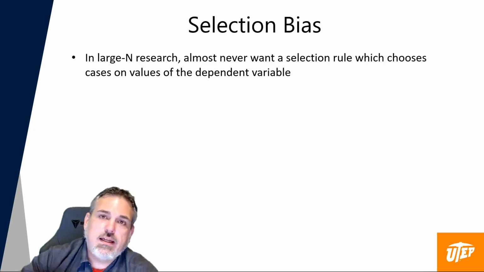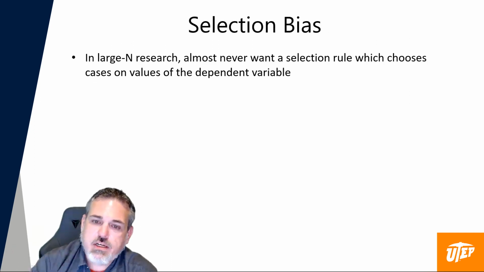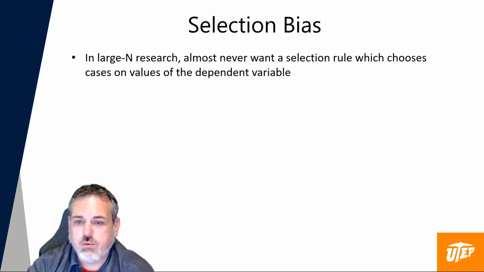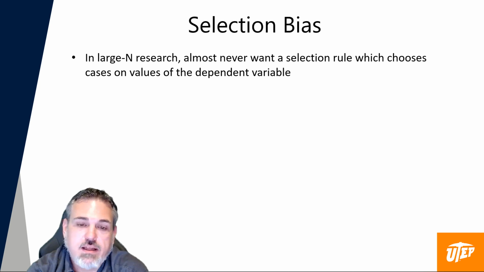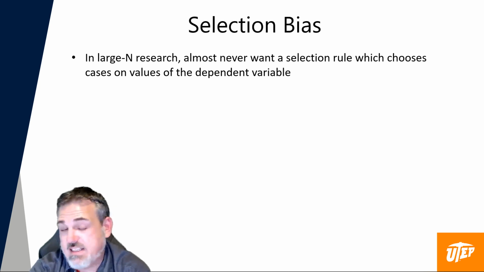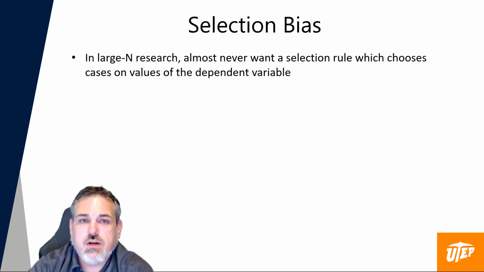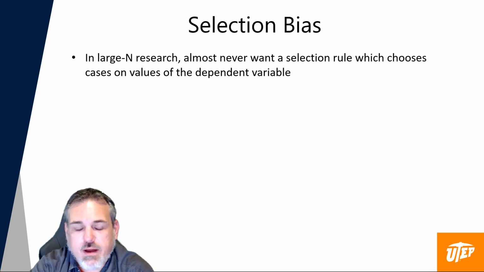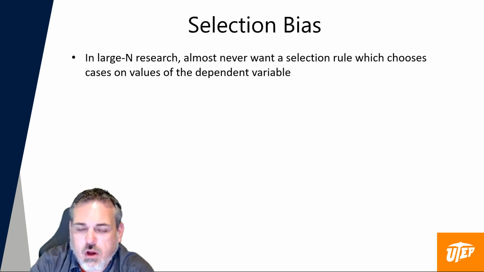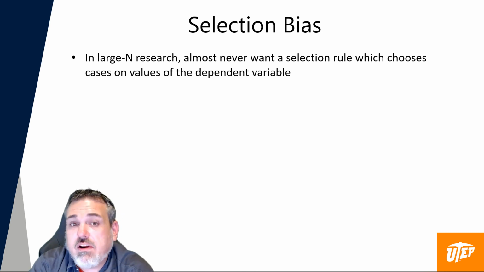So in quantitative research, that large N research, we never want a selection rule, ever, that chooses cases based on the values of the outcome variable, that is the dependent variable, because our selection rule would then be affecting our outcome. And that would make attempting to assign causality or any sort of causal inference very difficult.